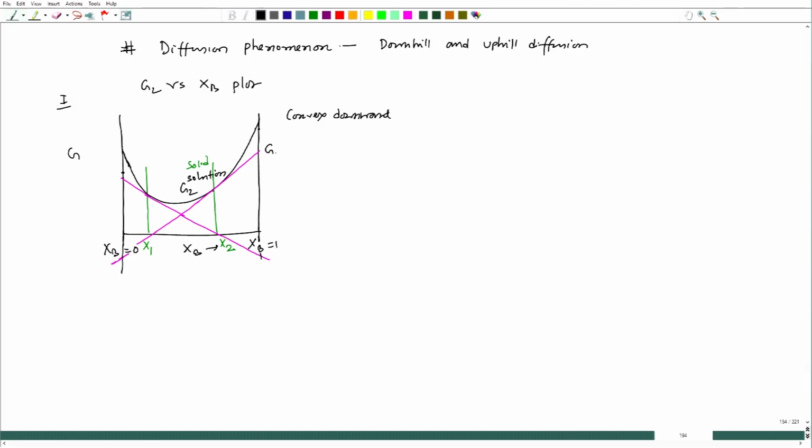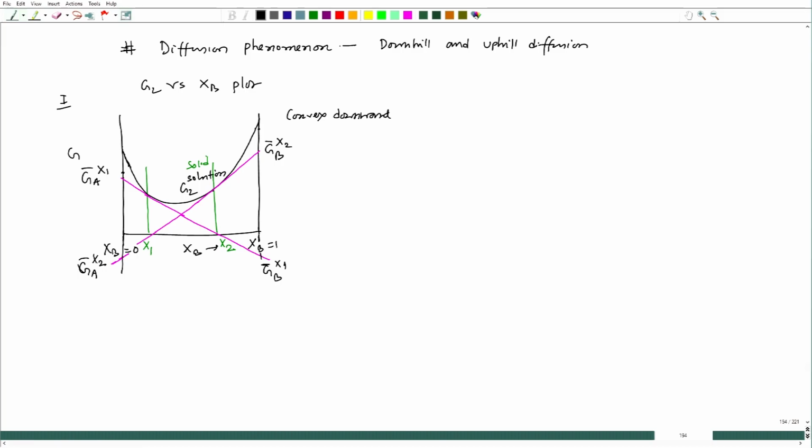So here is G bar B of composition x 2, and here is G B bar of composition x 1. Similarly, here G bar A of composition x 1 and this is G A bar of composition x 2.